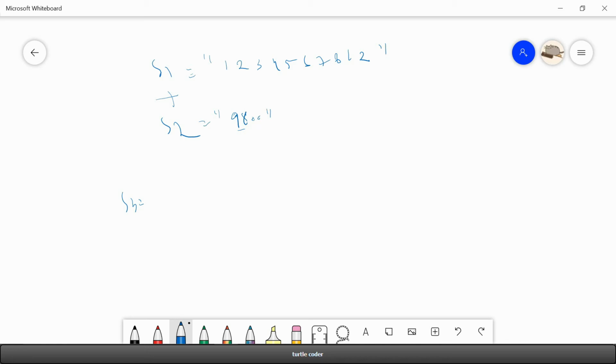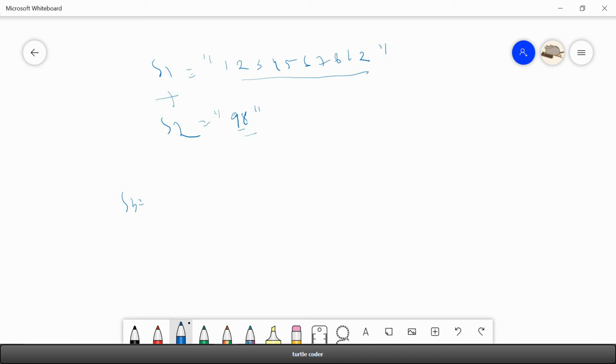So we should try to solve this thing in a conventional manner. Let's take this example for our understanding. If I have this bigger string and this smaller string, what can I do?